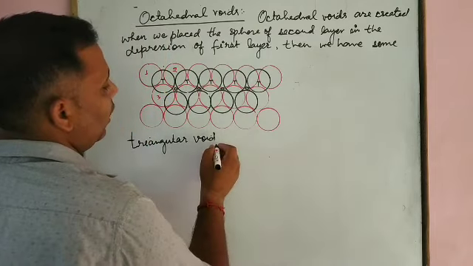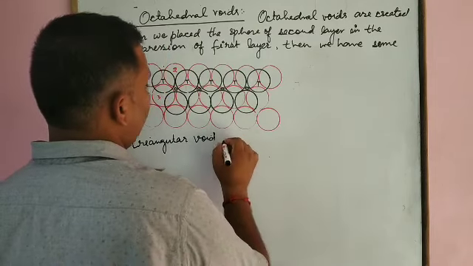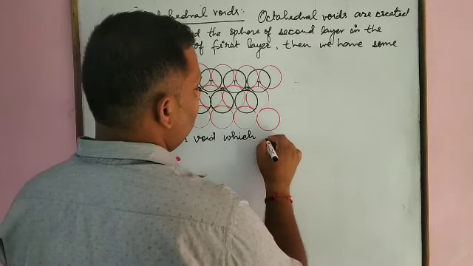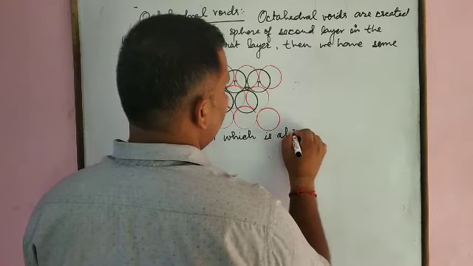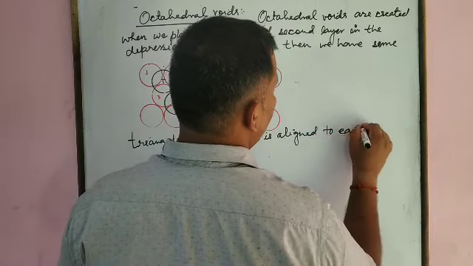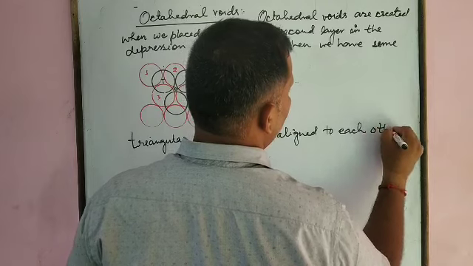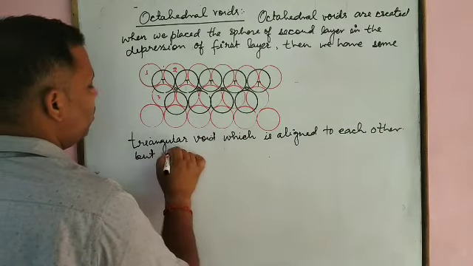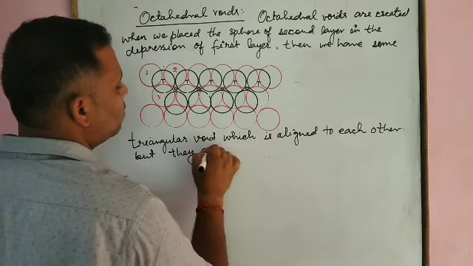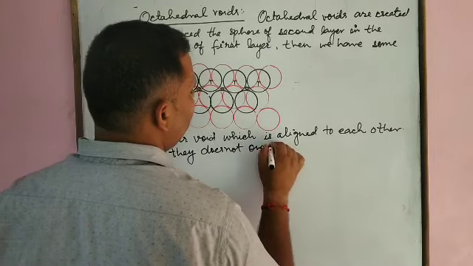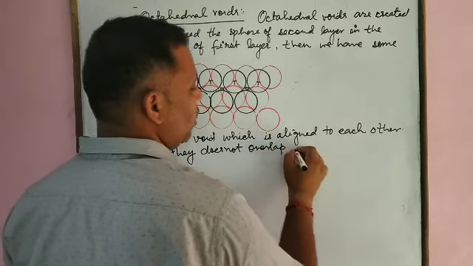We have some triangular voids which are aligned to each other, but they do not overlap each other.